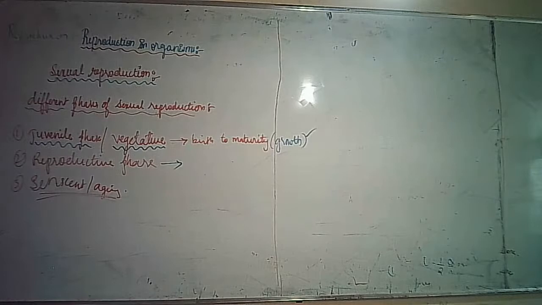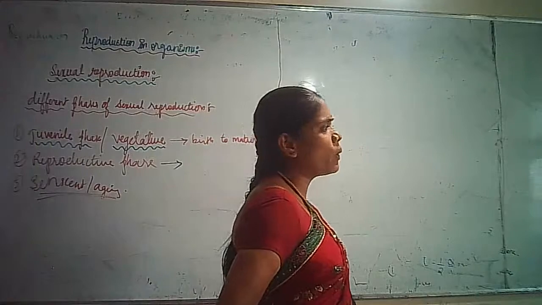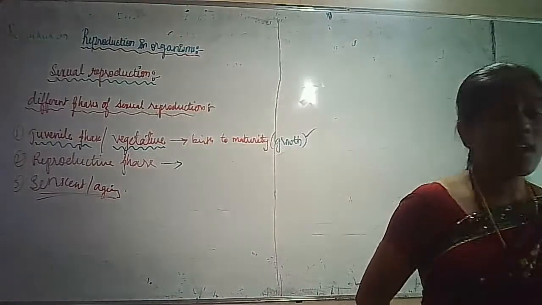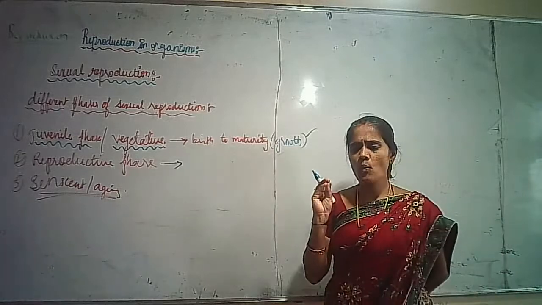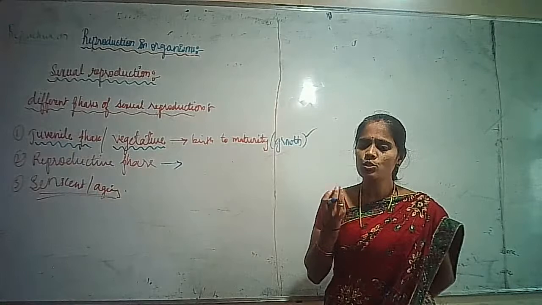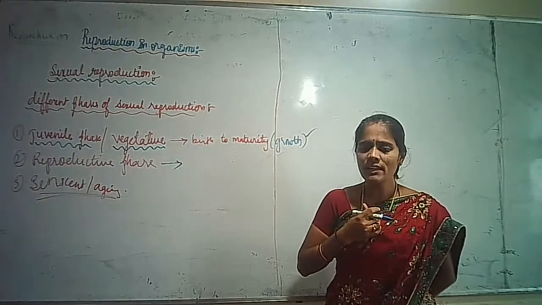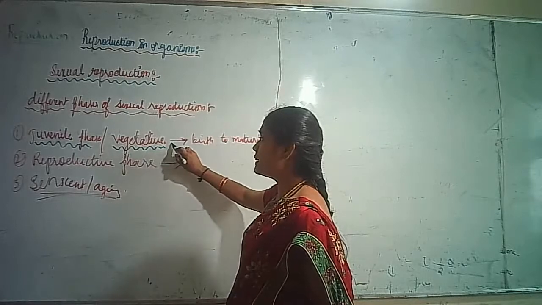You can see the maturity in marigold plant, rice, wheat, coconut, mango. Have you ever thought about how many times a mango tree takes to show flowering? Flowering is how you come to know there is maturity in the plant.